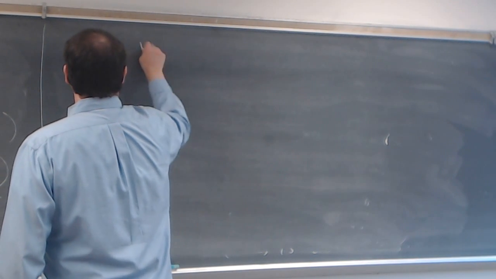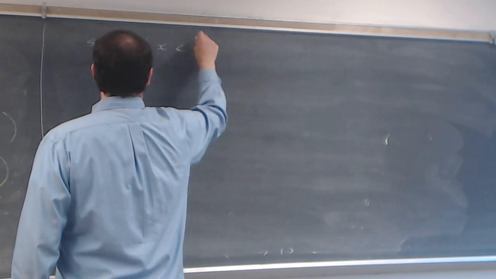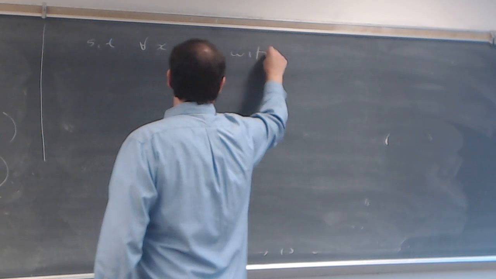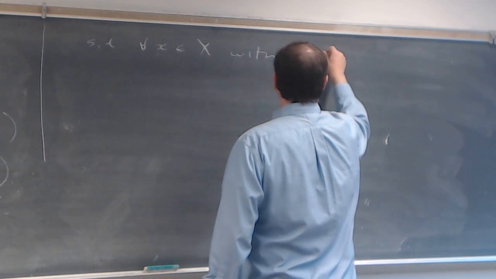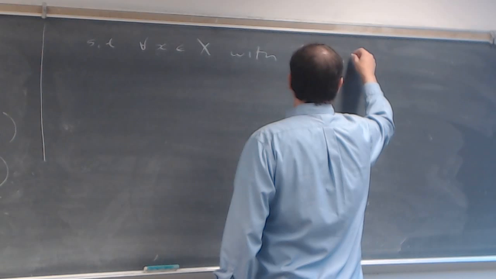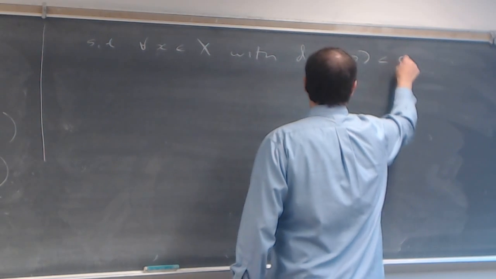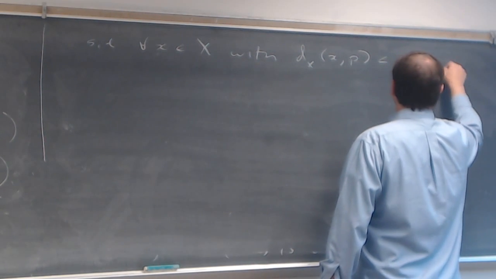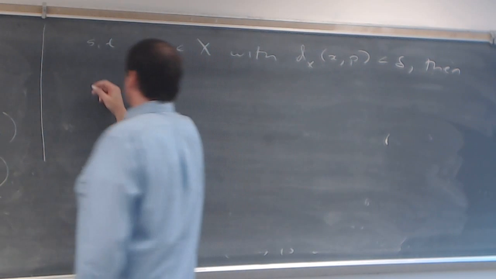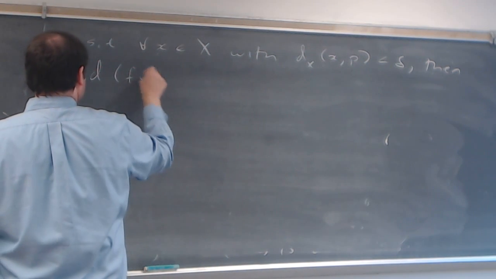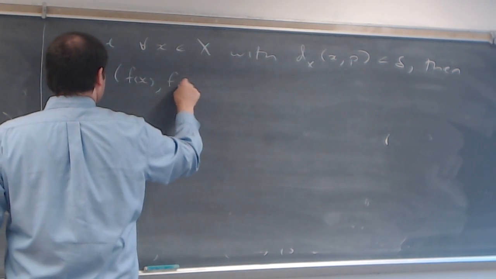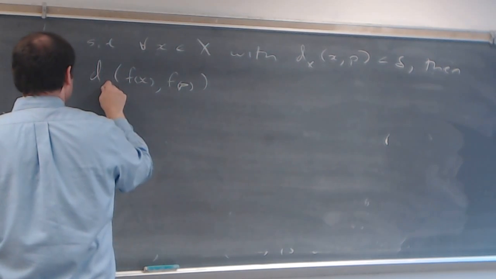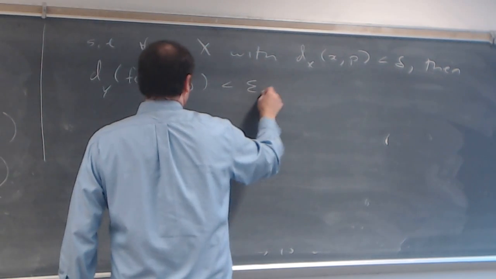Such that for all x, element of X, with the distance in X between x and p being less than delta, then that forces the distance between f of x and f of p, that's in Y, to be less than epsilon.